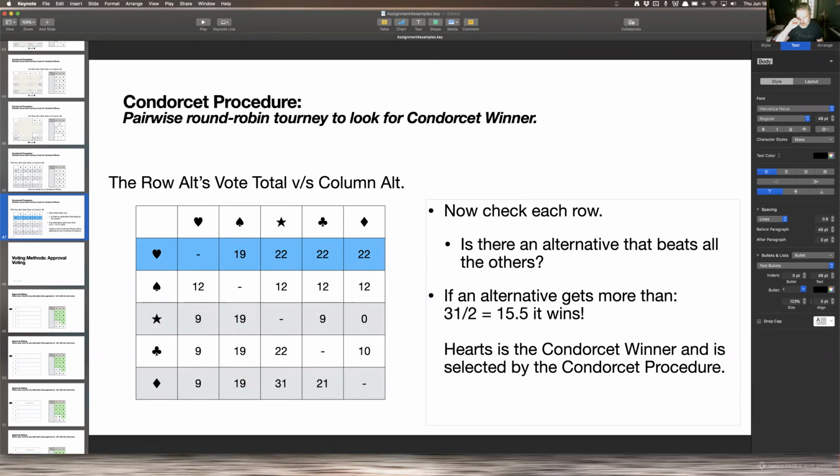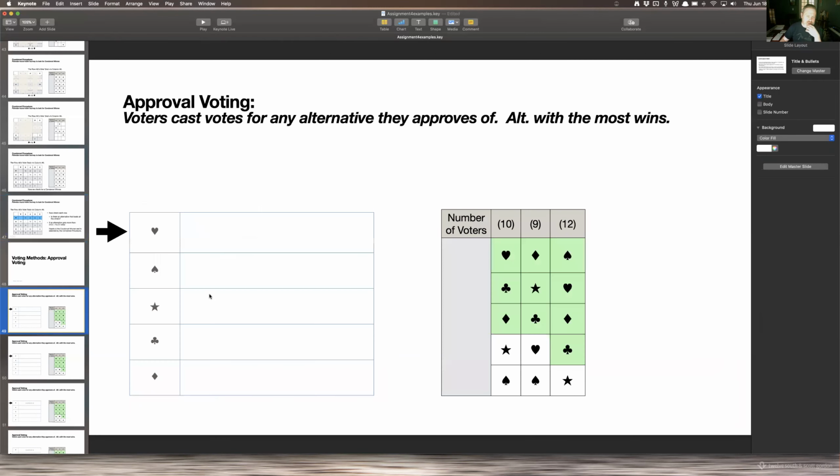So there's a Condorcet winner, but there's not always one. Sometimes you'll go across here and there's not one that has more than half all the way across. In that case, you say the Condorcet procedure gives us nothing. It doesn't return a group choice. It's not decisive. Okay. Last one, a little easier, approval voting.